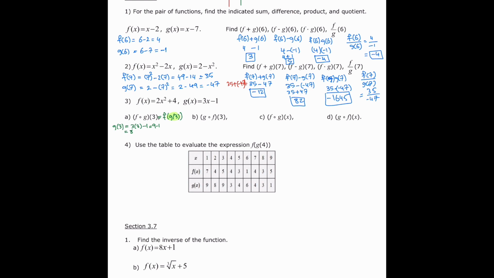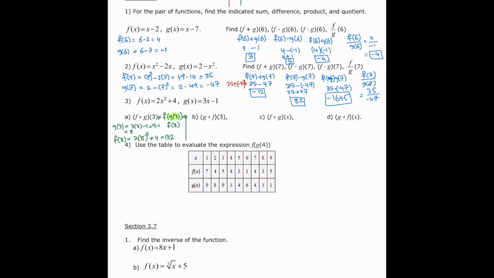So now this becomes f of 8, since we computed g of 3. F of 8 is equal to 2 times 8 squared plus 4. So 2 times 64 plus 4 is equal to 132. So that is the first answer for A.